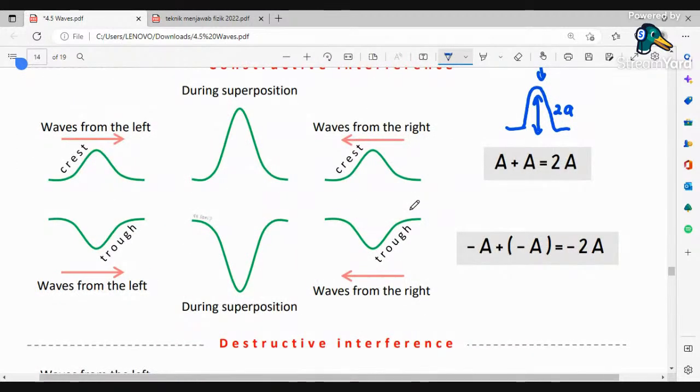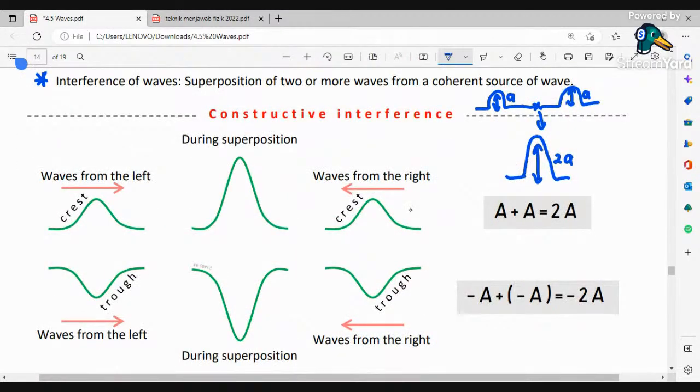Okay, let's look at two types of interference. Just now we discussed about in phase and constant phase difference. Let's say the waves that meet in phase. Crest, meets crest, in phase.